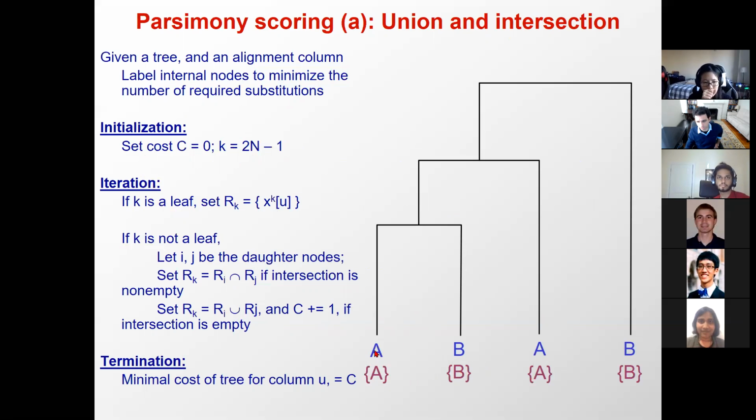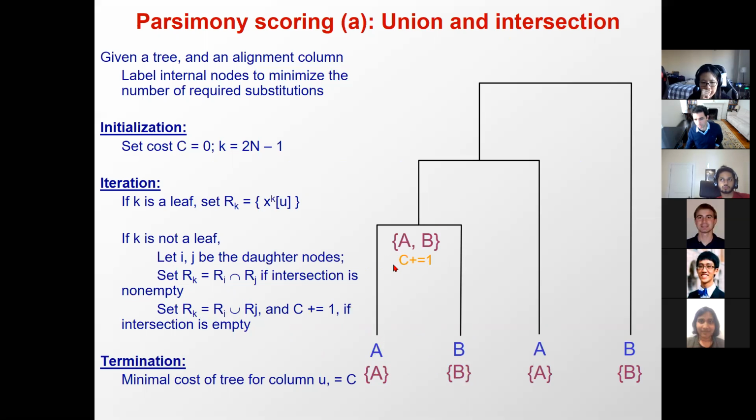If k is not a leaf, then let i and j be the two daughter nodes, and let the set for k be the intersection of the two sets. If that intersection is non-empty, namely if there is a common character, then I'm going to choose that common character. But if there is no common character, then I'm just going to set it to be the union of the two. Okay. So walking up the tree, I say, well, I have an A here and a B there.